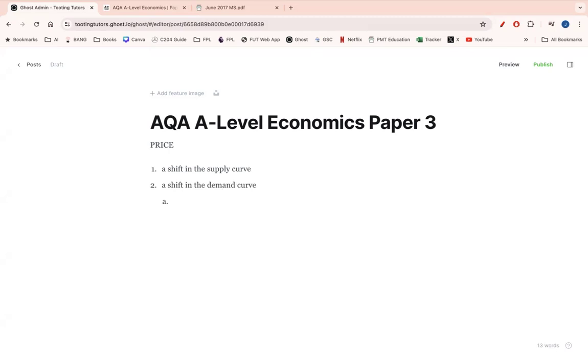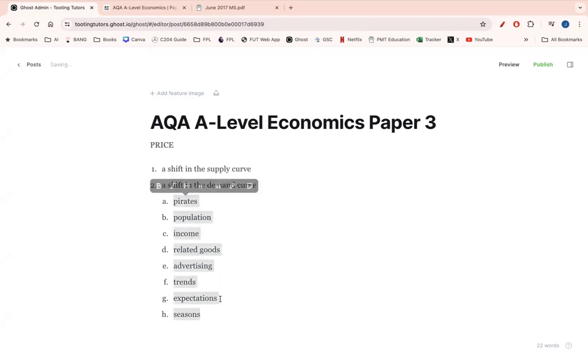The things that shift the demand curve are PIRATES, so that's population, income, related goods, advertising, trends, expectations, and seasons.